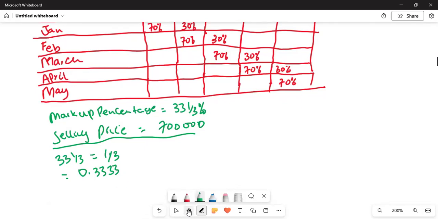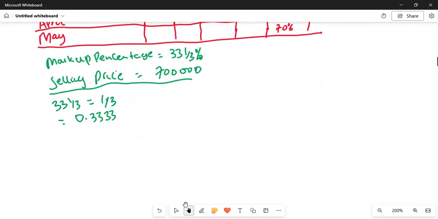Now we are going to calculate the multiplier. Our multiplier is going to be equal to 1 plus markup percentage.